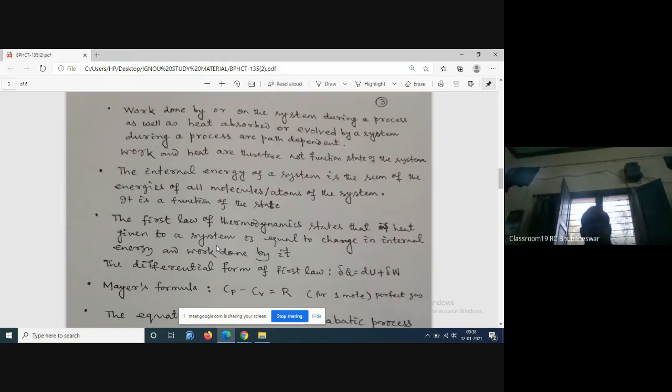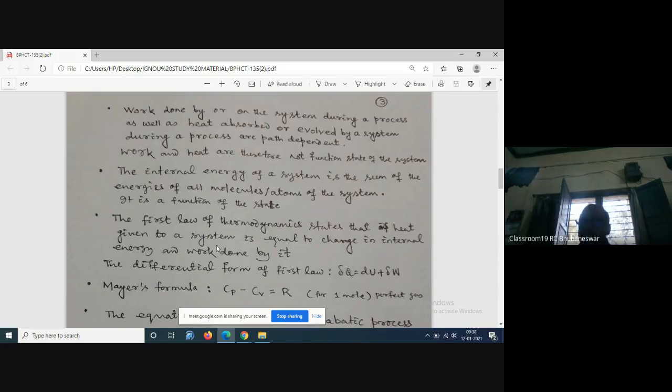When the state of the system changes, then pressure and volume change. So for every pair of values of pressure and volume, you will find a point. And when you get so many points and join them, you get a curve. And the area below this curve gives you the work done.